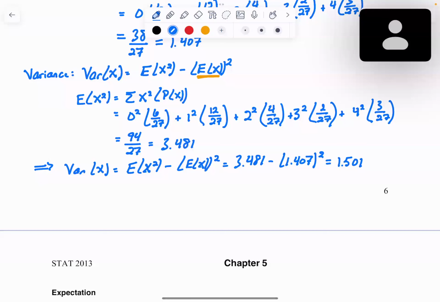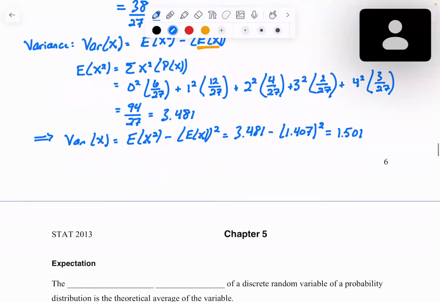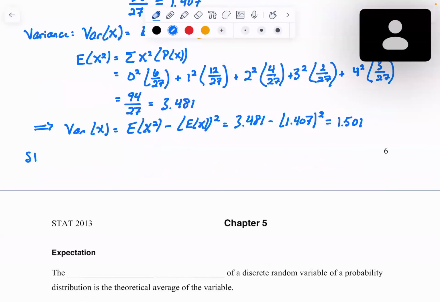So then if I want to find the standard deviation for this one, it's just the square root of the variance, right? So it's the square root of the variance of x. So it would just be the square root of 1.501 in that case.